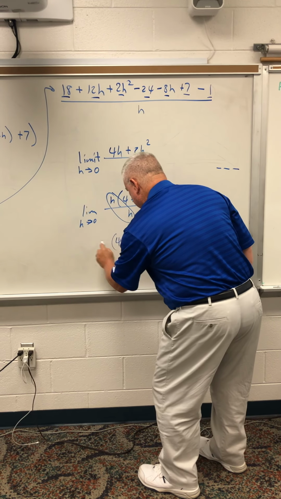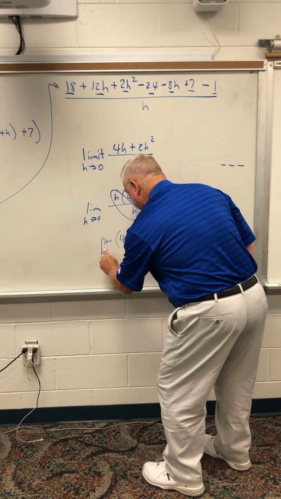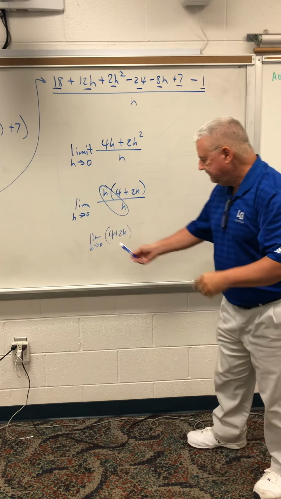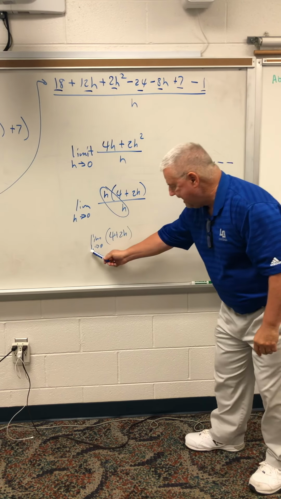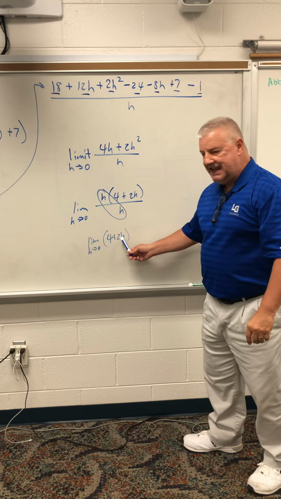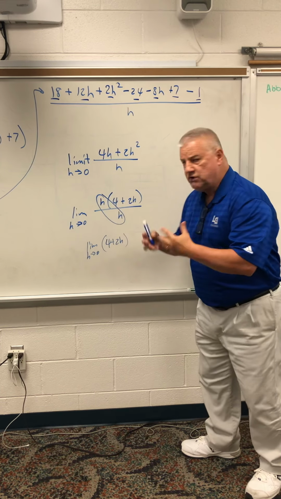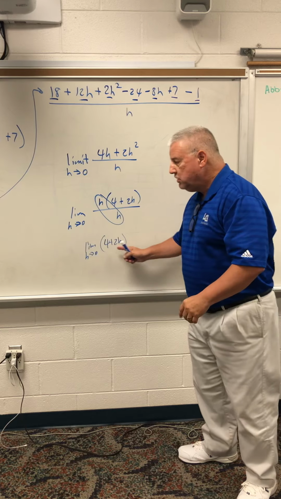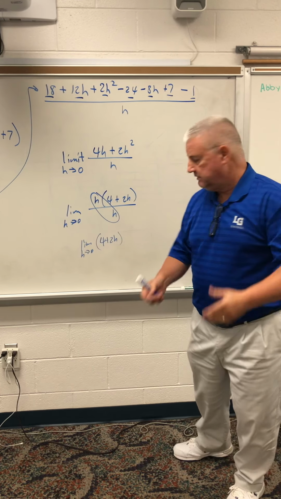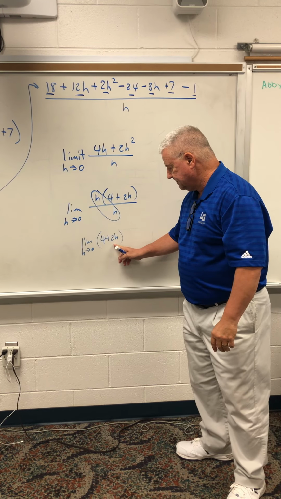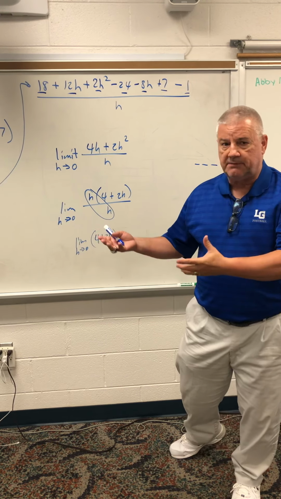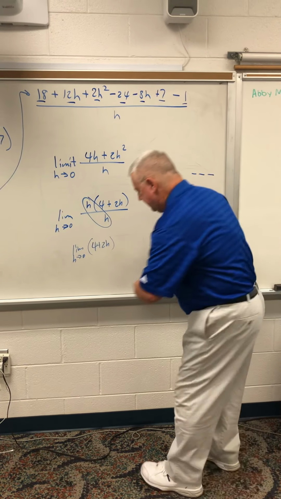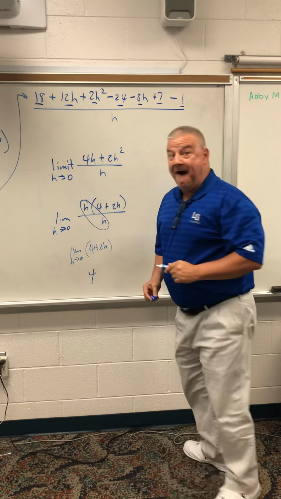Now, we can take the limit of that. We still have not taken the limit. So take the limit of this as h goes to 0. So as h goes to 0, this is getting closer and closer to 0. 2 times that number, which is getting closer to 0, is getting closer to 0. So 4 plus some number getting closer and closer to 0 is getting to 4.